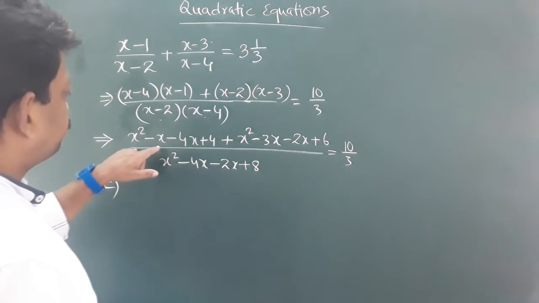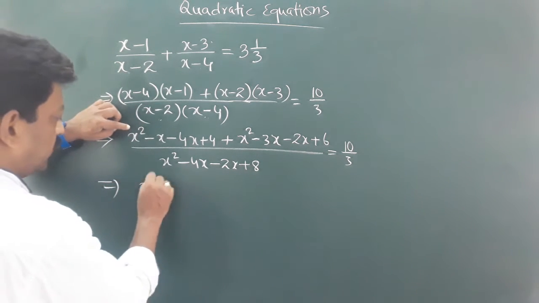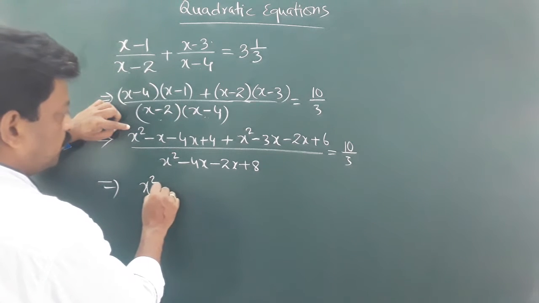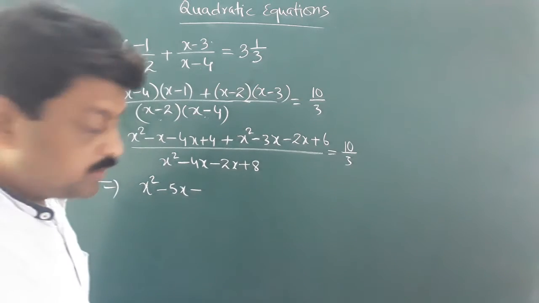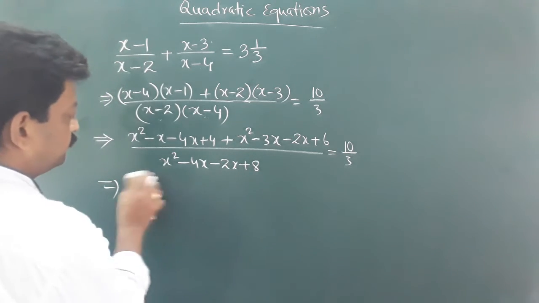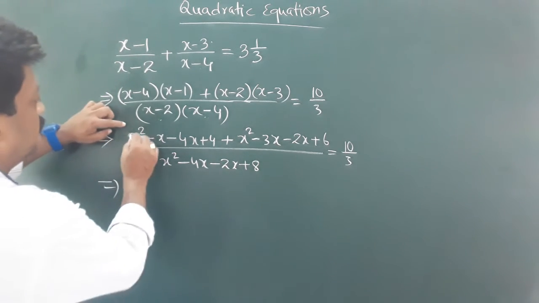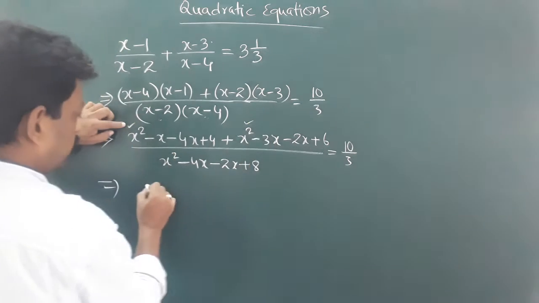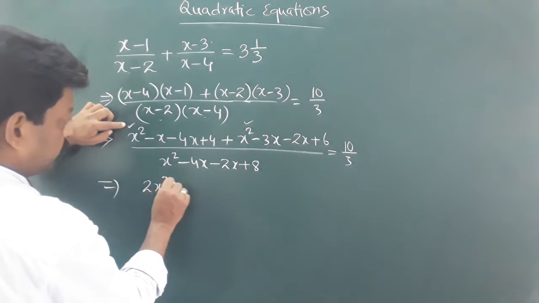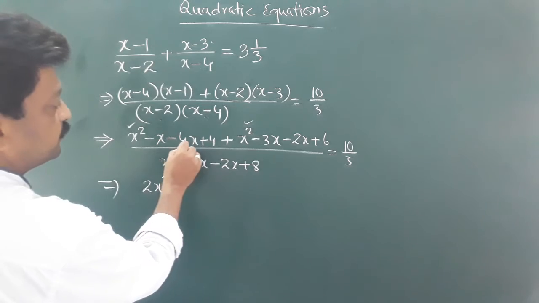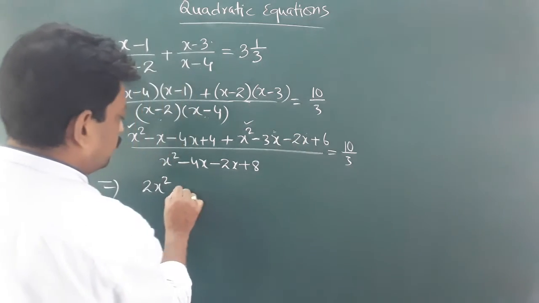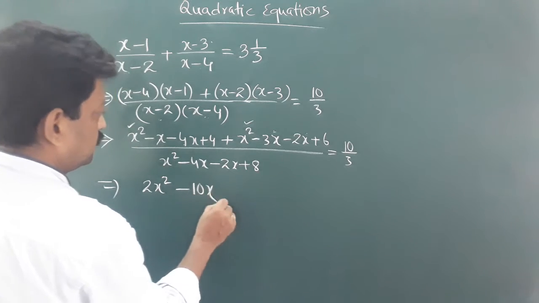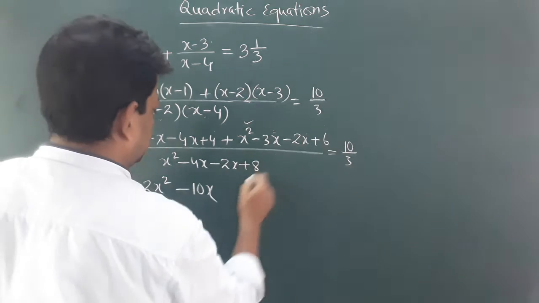Now here, let me do it in one step. x square plus x square is 2x square, minus x minus 4x is minus 5x, and here also minus 5x, that is minus 10x, plus 4 and plus 6 is plus 10.